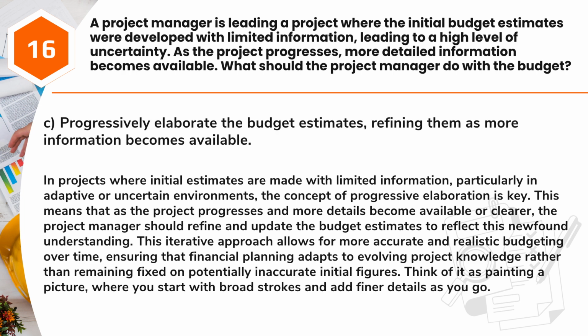This iterative approach allows for more accurate and realistic budgeting over time, ensuring that financial planning adapts to evolving project knowledge rather than remaining fixed on potentially inaccurate initial figures. Think of it as painting a picture, where you start with broad strokes and add finer details as you go.